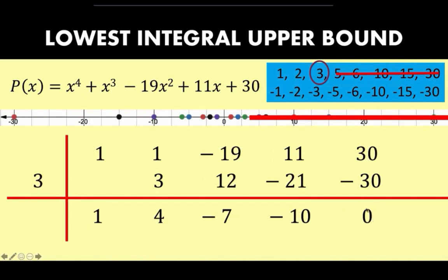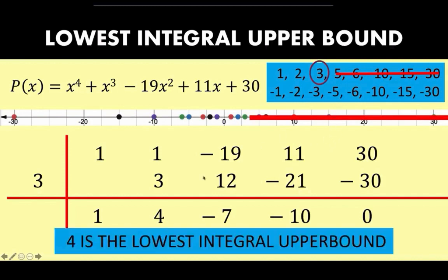So using the remainder theorem, we conclude that 3 is a rational root. 3 is not an upper bound, but 3 is a root that we are looking for. So we now found one solution, that is x equals 3. And by knowing that x equals 3 is a solution, 4 must be the lowest integral upper bound. Any value of x greater than 4 is an upper bound, and 4 is the lowest integral upper bound.